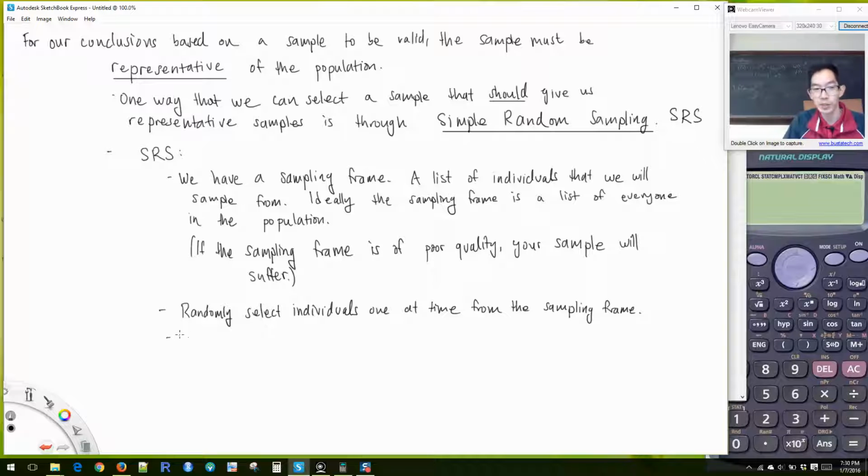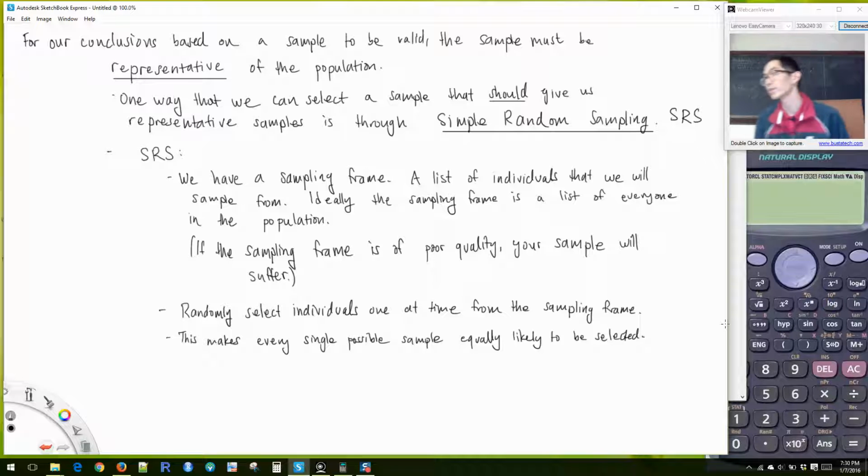Mathematically, this makes every single possible sample equally likely to be selected. If you were to list off every single possible sample that could be selected, using simple random sampling would make every one of those possible samples equally likely to be selected.